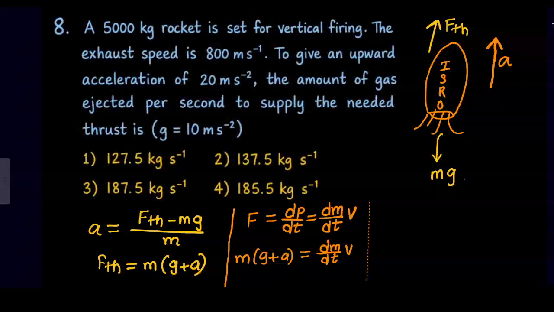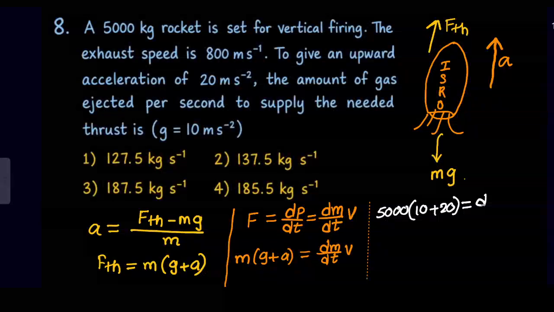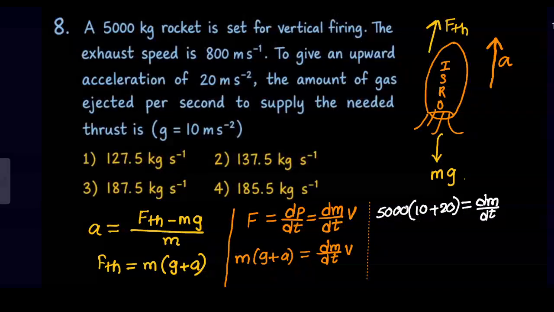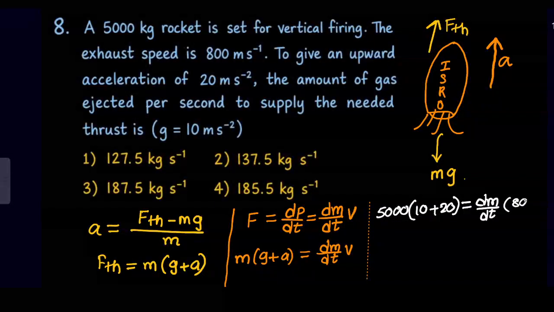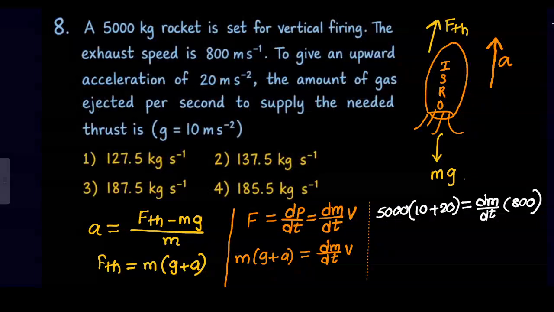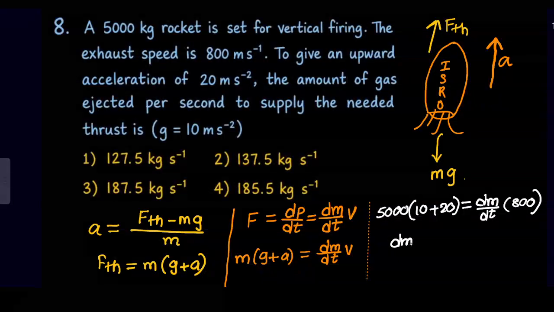Mass is given as how much? 5,000. And g value 10. Acceleration how much? 20. Which is equal to dm by dt into v. Velocity is how much? 800. So from this we need to get dm by dt.